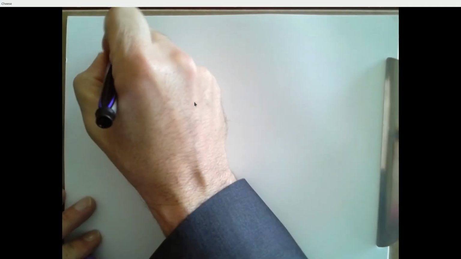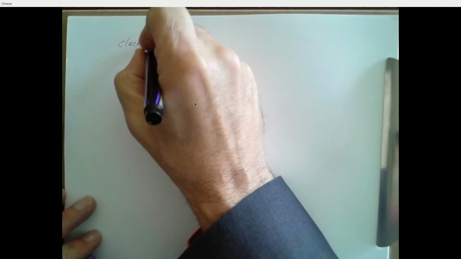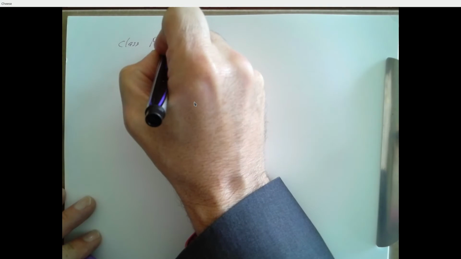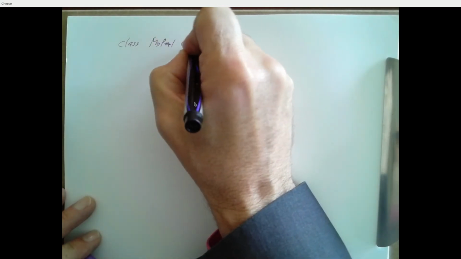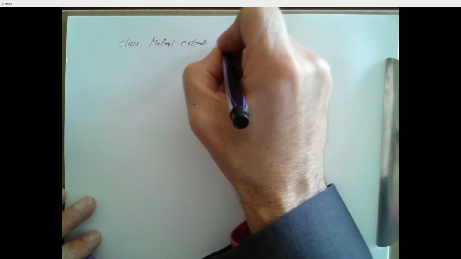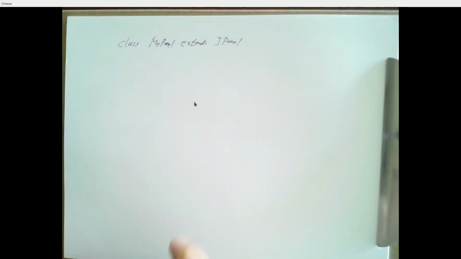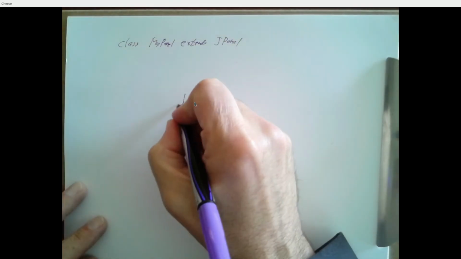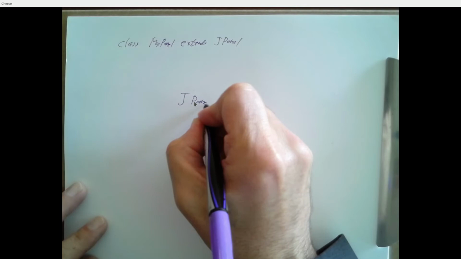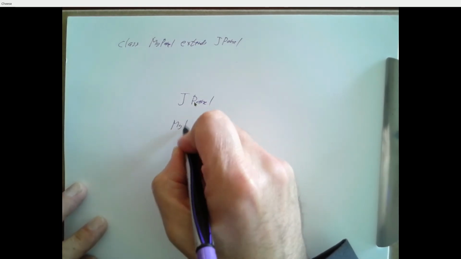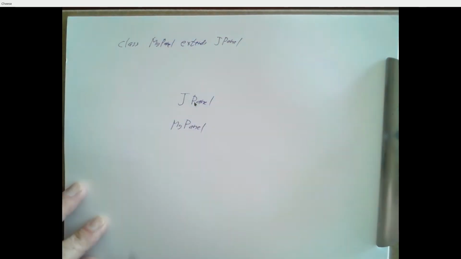So when we say something like class my panel extends J panel, you can kind of think of a hierarchy, and the way you draw this is like drawing stacks. It can go either way.